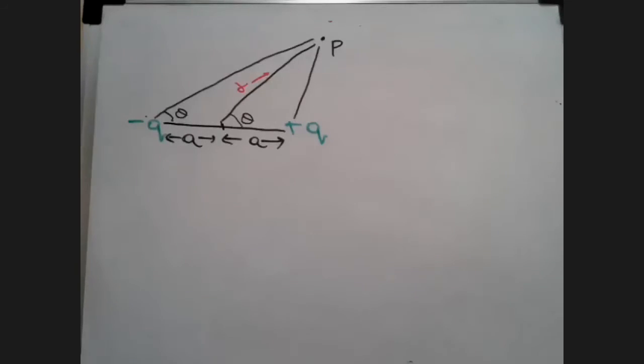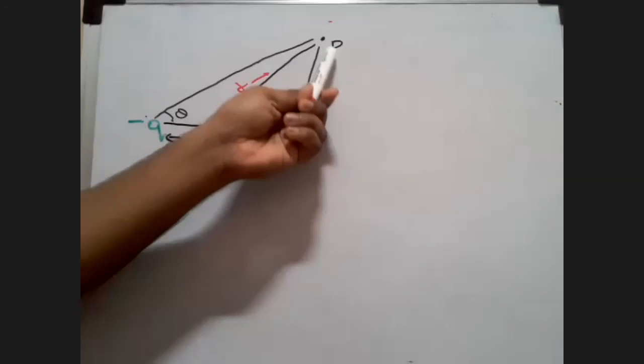Now look here. If I have to find out the potential at this point P, first of all I have to know the distance from here to here.